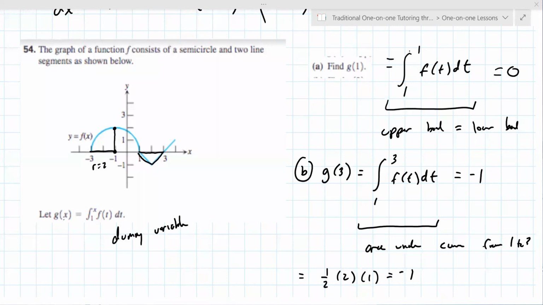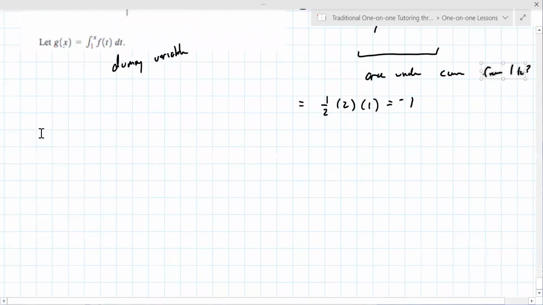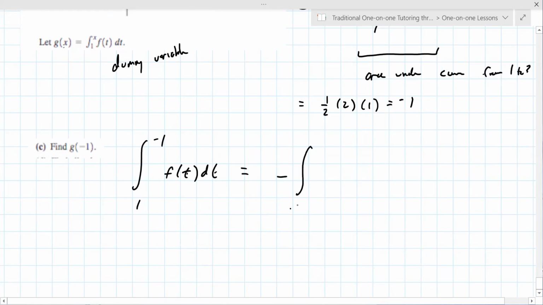All right, part C is to find g of -1. So this is the integral from 1 to -1 of f of t dt. You want the leftmost bound to be on the bottom, so I would change this to the negative integral from -1 to 1. Whenever you flip the upper and lower bounds, you negate it.